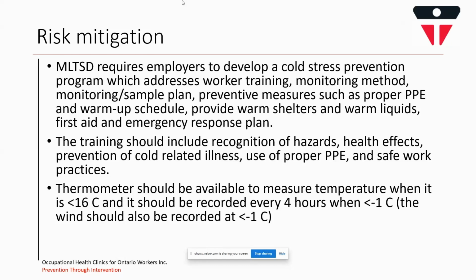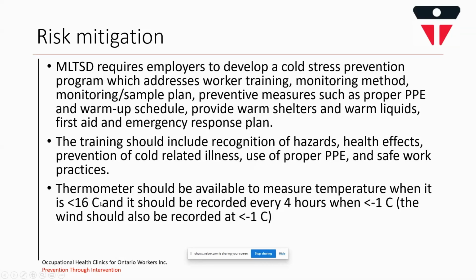This is a requirement by the Ministry of Labour under General Duty Clause 25(2)(h) for an employer to develop the whole program. The training is a very important part of this program, and it is also specified by the Ministry of Labour on their webpage that the training should include recognition of hazards, health effects, prevention of cold-related illness, use of proper PPE, and safe work practices.